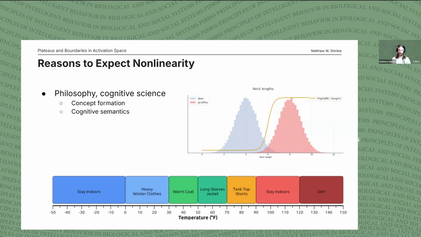Most deer tend to have fairly short necks, whereas most giraffes have long necks, and so any neck below some threshold is almost certainly a deer. Any above some threshold is almost certainly a giraffe. And only in this narrow overlap in the middle are we really unsure which it is.